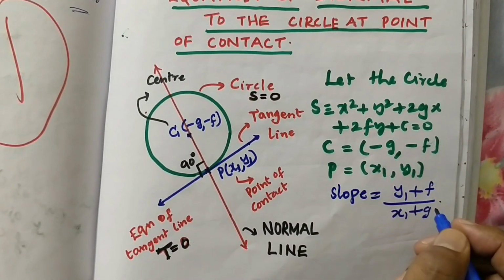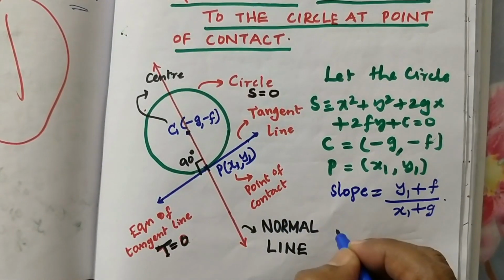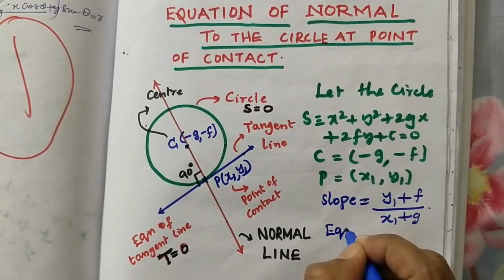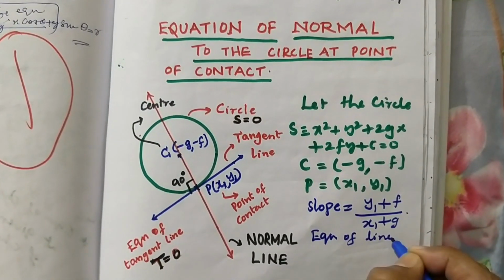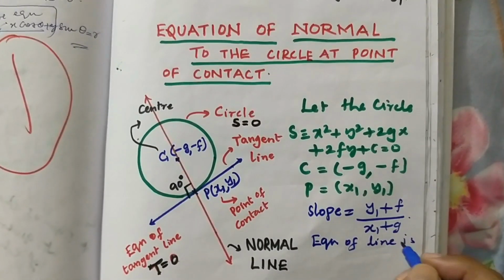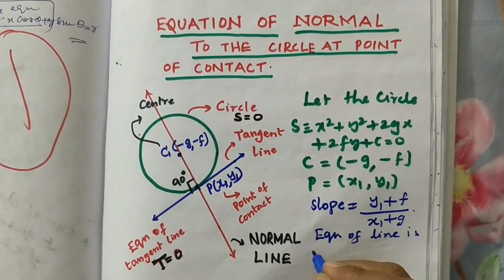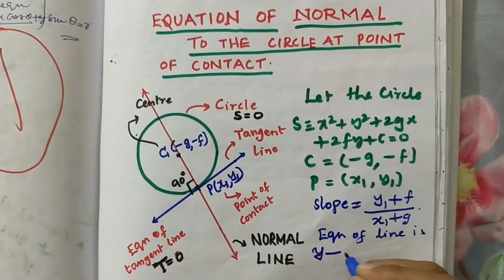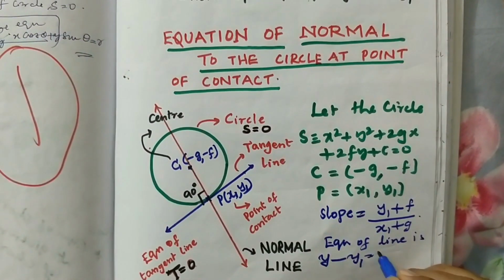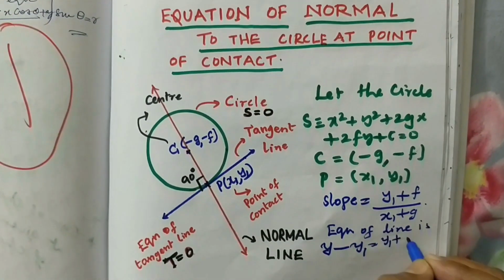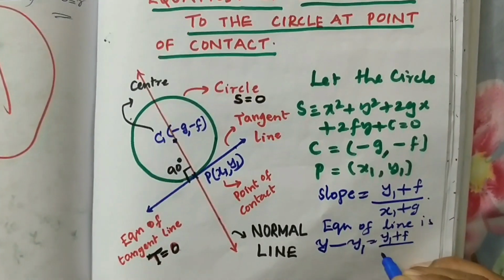And the equation of line is y minus y1 is equal to m into x minus x1, where m is my slope, y1 plus f by x1 plus g.